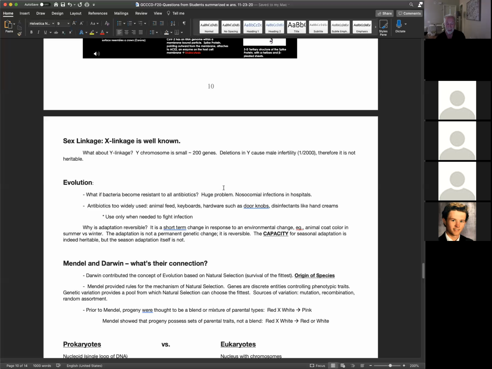And that actually happened in most of the crosses because they weren't starting with homozygous lines. And that was part of Mendel's genius, that when he crossed red times white, he didn't get pink, he got either red or white. So Mendel showed that progeny possess sets of parental traits, not a blend of parental traits.